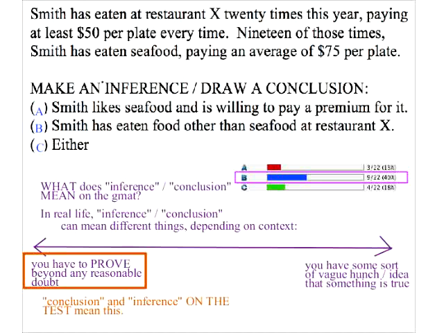Smith has eaten at restaurant X 20 times, paying at least $50 a plate. 19 of those times, Smith has eaten seafood, paying an average of $75 a plate. So what do we know beyond any reasonable doubt? Well, choice A is problematic. I mean, Smith likes seafood. We don't really know that.